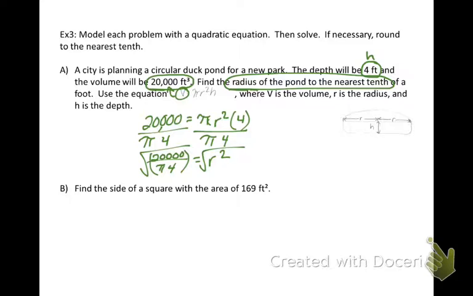You have it on your calculator somewhere. And then a parenthesis, and then make it equal. And we're rounding it to the nearest tenth. So r is about 39.9 feet. We're uncubing everything, so it's just feet. There's your answer.